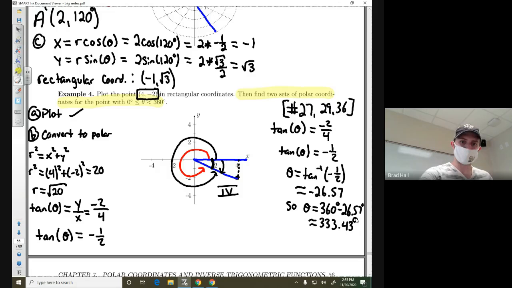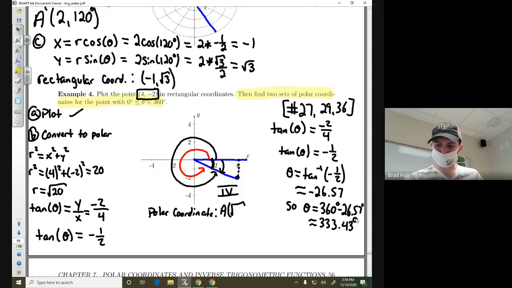So really, the polar coordinate is square root of 20 and approximately 333.43 degrees.